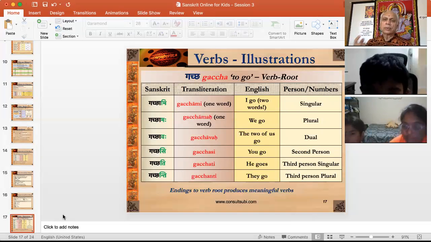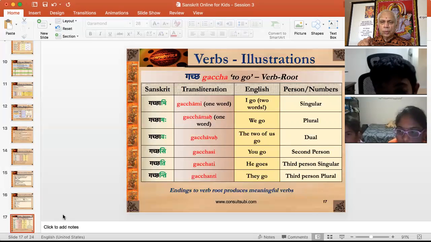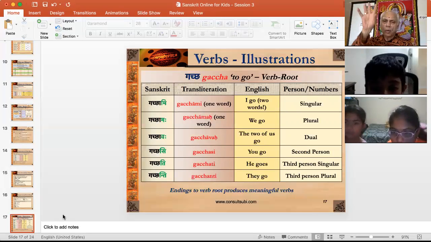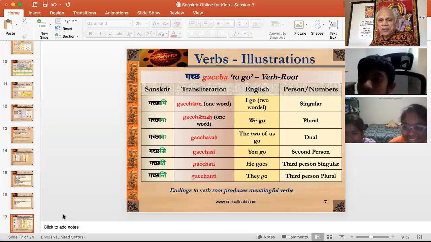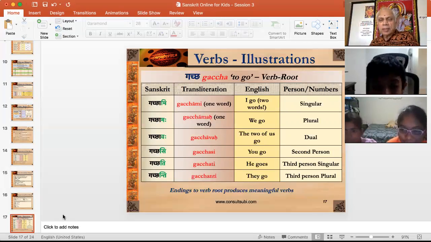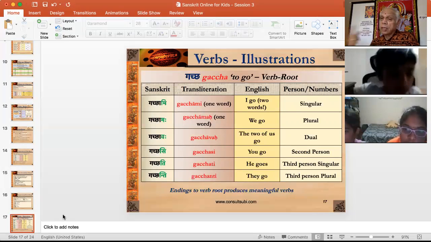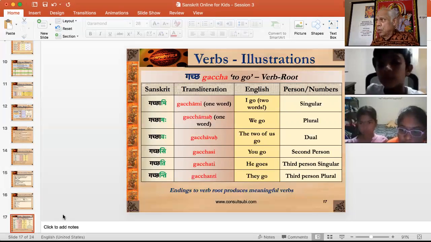I go, we go, two of us go, you go, he goes, and they go. In English, you always say go, go, go, go, go for all the 6, right? But not so in Sanskrit. It's got 6 different ways of expressing the word go depending on the number of people and the person. So this is very important for you to remember because we are going to be using it in future for many of the lessons. Okay.